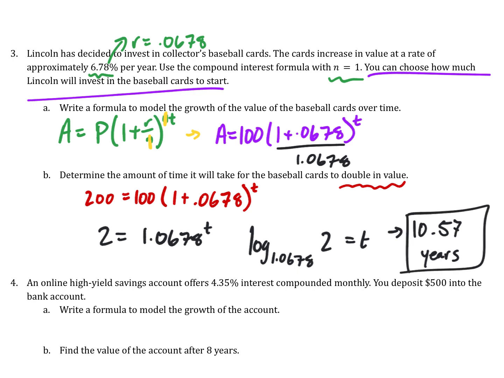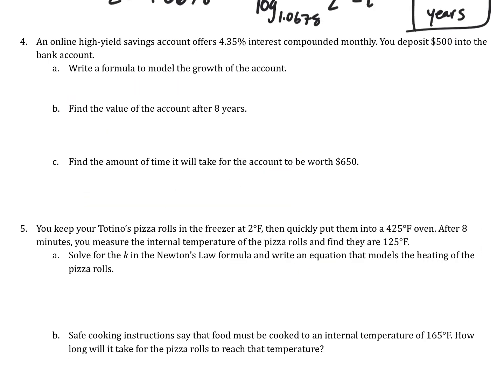I don't know if it's worth it. Okay, similar. We have 500 as our P. 1 plus 0.0435 over monthly means n is 12, to the 12t. There's our equation.